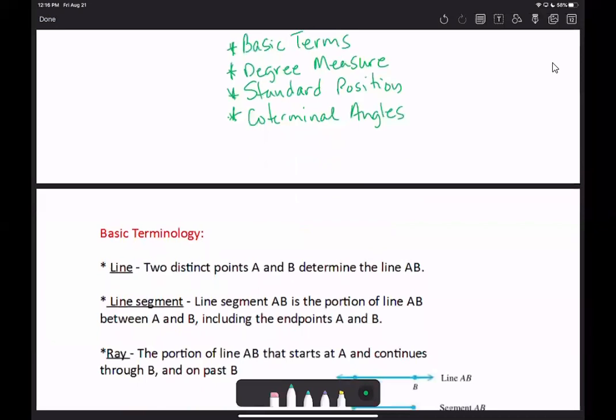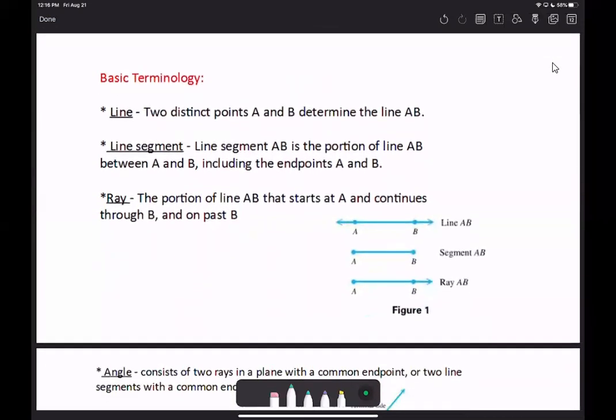So to review some basic terminology here, two distinct points, A and B, determine a line AB that extends indefinitely in both directions. You can have a piece of a line with endpoints A and B, that would be a segment.